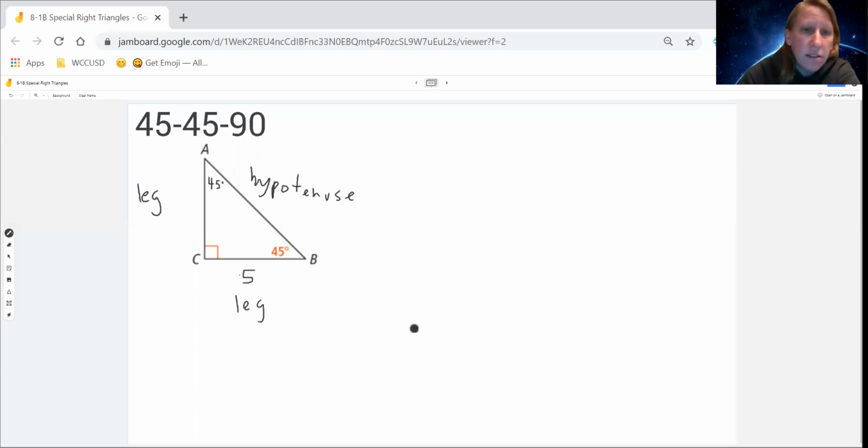Because if both of these angles are 45, that means these sides are the same. So if you have one leg, you have the other. The question is, could I find the hypotenuse? Sure, totally could. How would you find the hypotenuse?